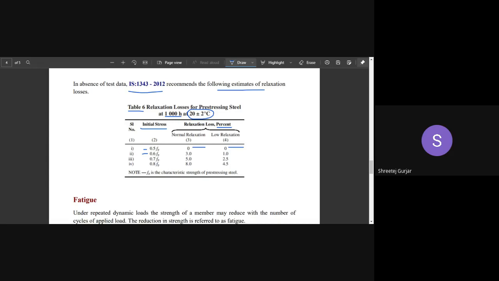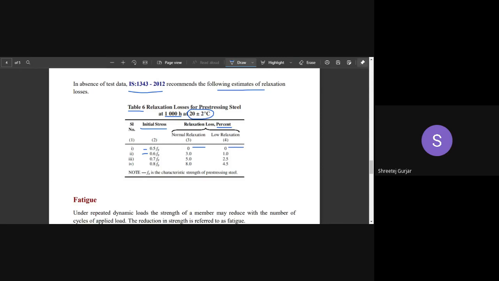If we go on increasing the initial pre-stress, the normal relaxation and low relaxation percentages also go on increasing. If we apply 0.8 fpk, the normal relaxation is 8% and the low relaxation loss is 4.5%.